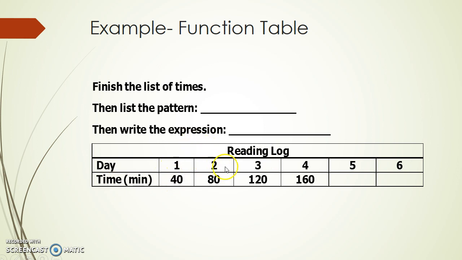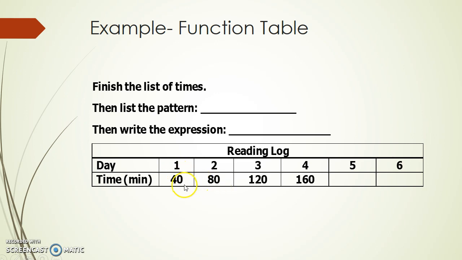Day 2, 80 minutes. 3, 120, 4, 160. Your very first step is to determine what goes in these blocks. And in order to do that, you need to understand what your pattern is. So, if I had one day with 40 minutes and 2 days at 80 minutes, how did I get there?